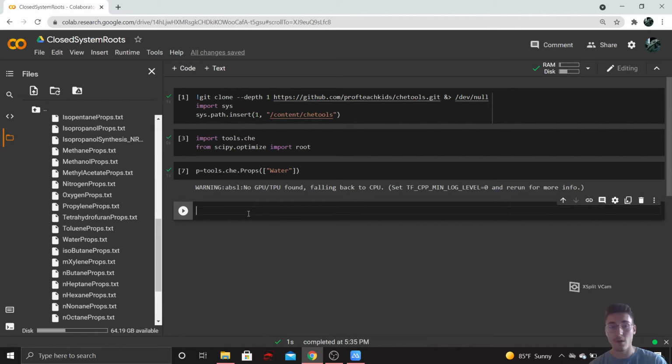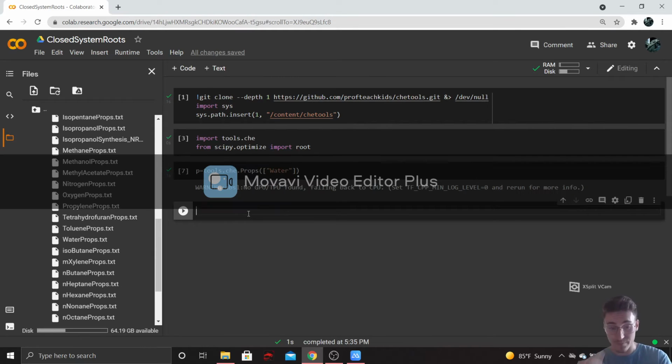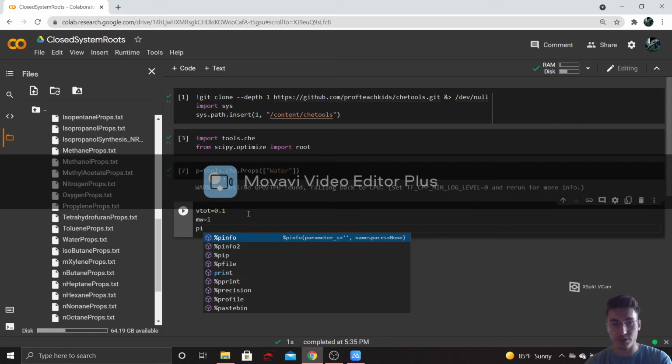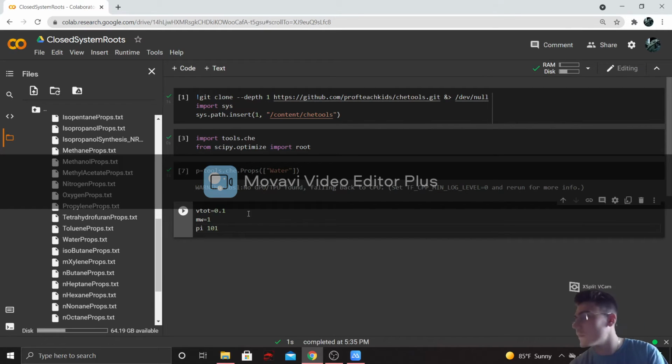So now what we can do with this is we're going to start importing our initial values. So first we can say our total volume, so V total equals 0.1, and then our mass of the water, so mass of water equals 1 kilogram, and then the initial pressure was 101,325.